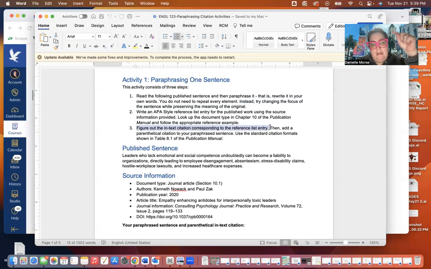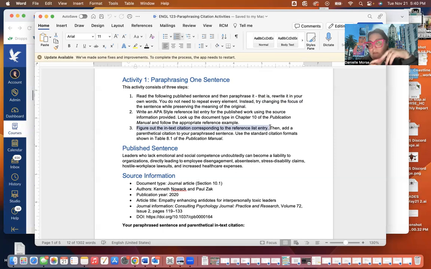So there's a reason for everything. There's a reason that things are cited a certain way in text, those parentheticals, and those correspond to how something is cited on the reference page. So this is asking you to be aware of how it would be cited on a reference page, and then how I would cite it as an in-text citation, and they should match.